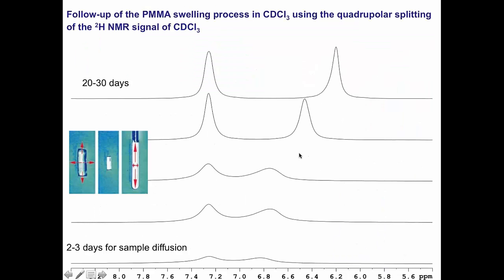You still can use the traditional method. You can swell a gel there, and the gel will swell. In certain cases, it will swell fast. In certain cases, it will swell slow. I know that polystyrene swells faster. PMMA takes forever, because in order to stabilize, it takes 20 to 30 days.